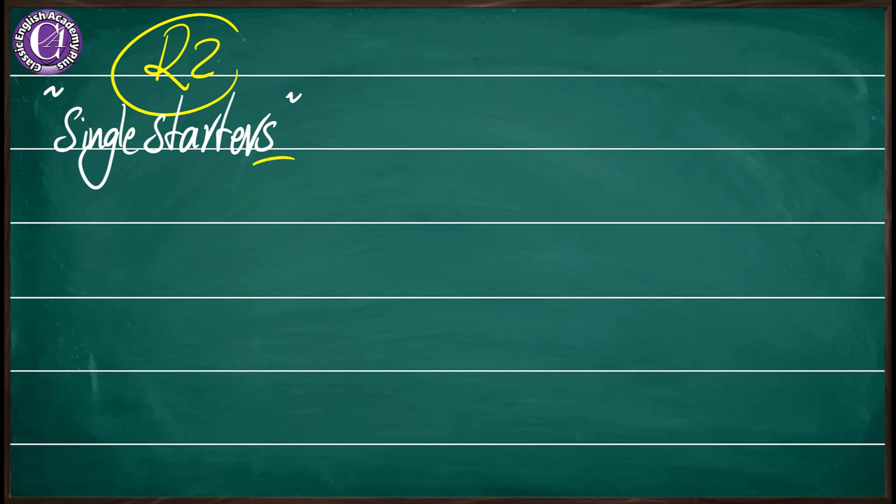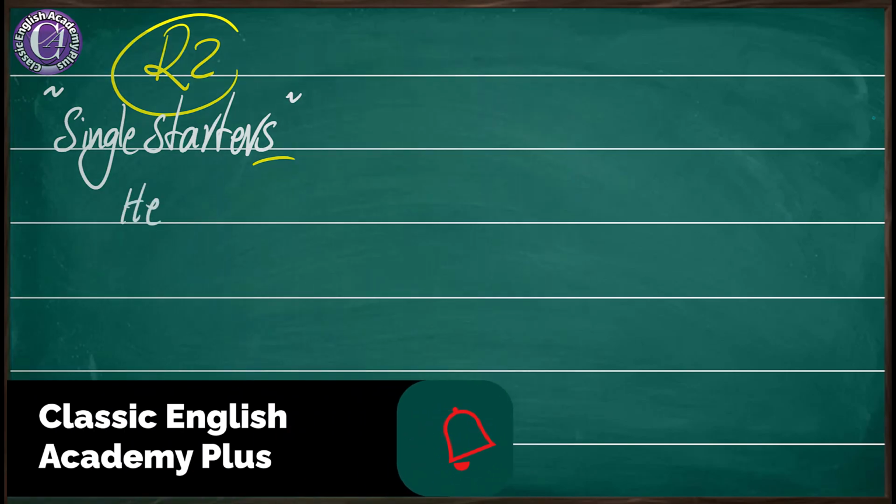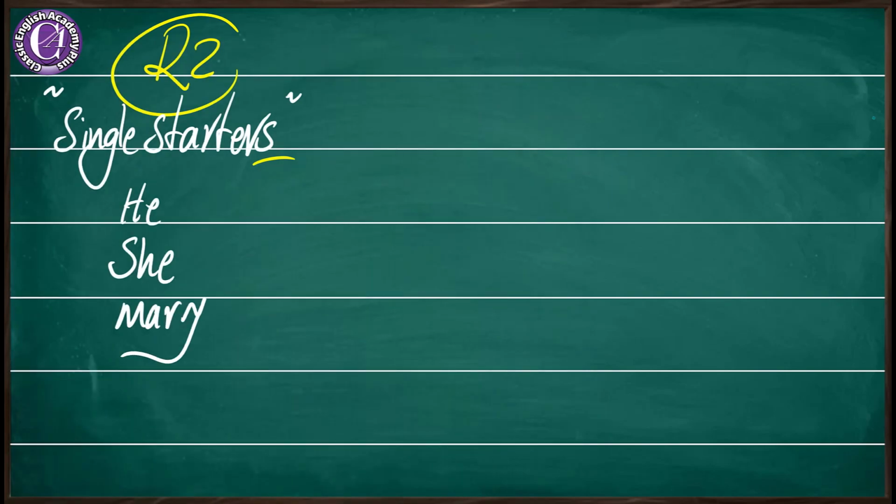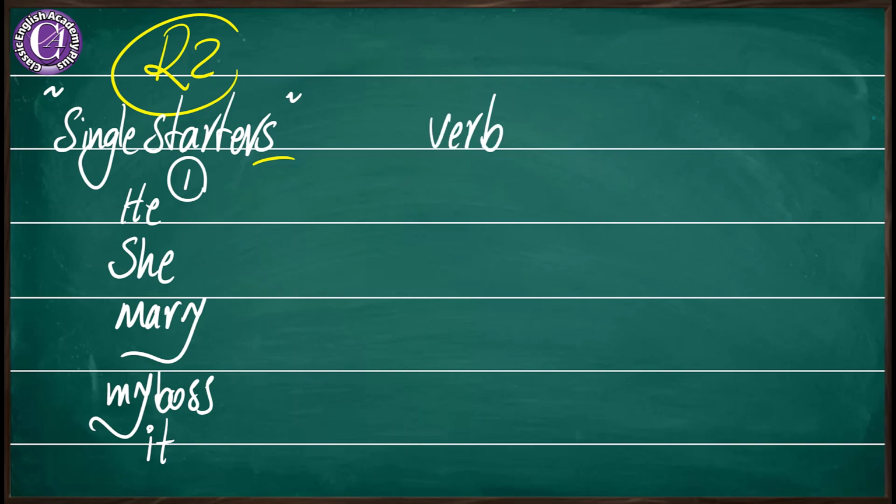Rule number 2 says that if you have a single starter like he, like she, like Mary, or my boss, you can also say it. Anything that comes as one single starter, we have the main verb part here, of course, and this verb comes as one and shows one single for one single starter.